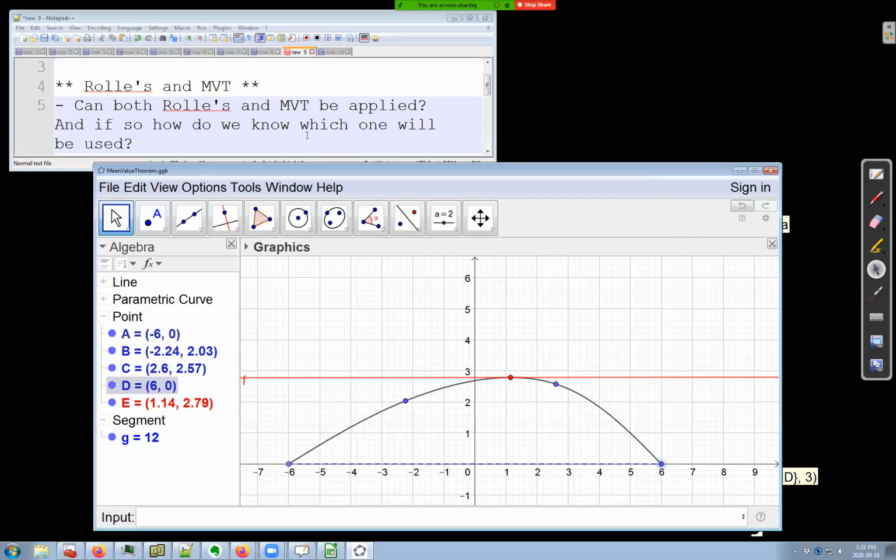You might wonder, why do we even bother with Rolle's theorem? If the mean value theorem is the same as Rolle's theorem, but even better, why do we even talk about Rolle's theorem? It's mainly for historical reasons and for proof reasons. If you want to prove the mean value theorem, it's easy if you use Rolle's theorem.